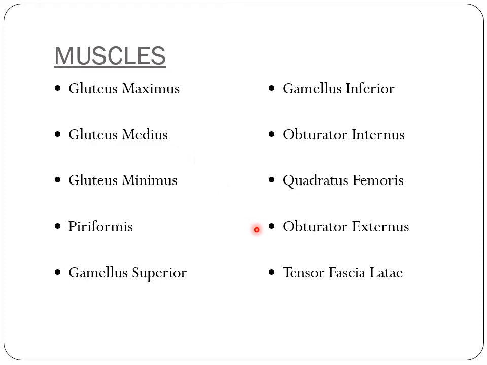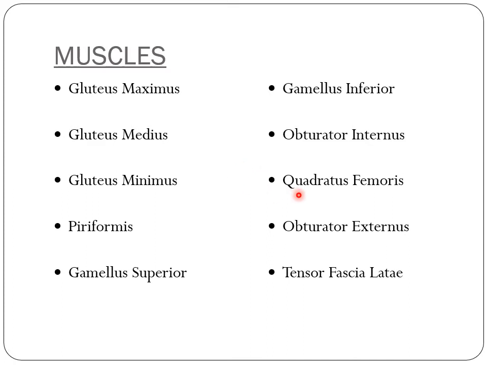Then gluteus medius, piriformis, then the tricipital tendon of obturator internus with the two gemelli, superior gemelli and inferior gemelli. Collectively these three muscles or tendons are called the tricipital tendon of obturator internus with gemelli superior and inferior. Then quadratus femoris.